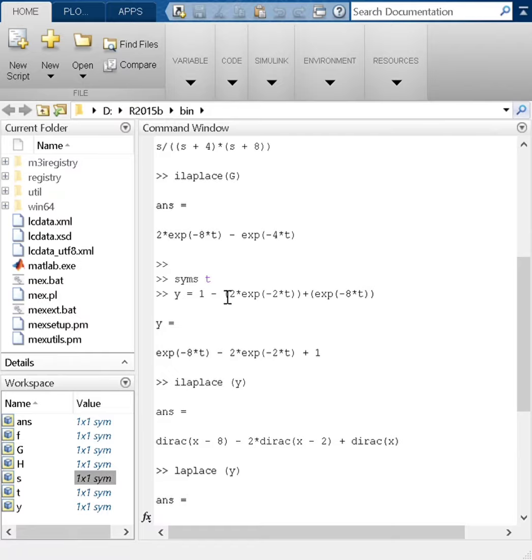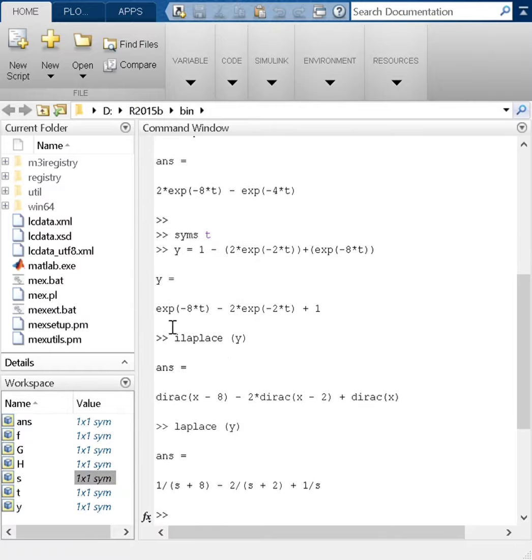Y equal to 1 minus 2 exponent by the power of negative 2 times t plus exponent by the power of negative 8t. Then we hit enter, and then there is the equation exponent by the power of negative 8 times t minus 2 exponent by the power of negative 2 times t plus 1.